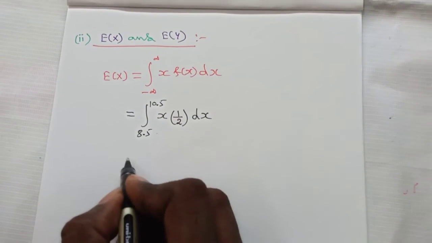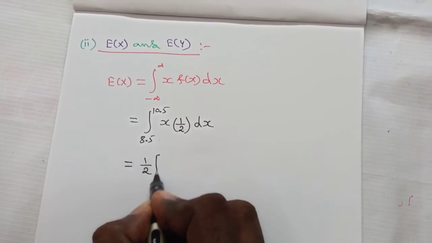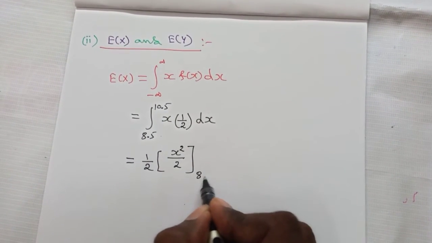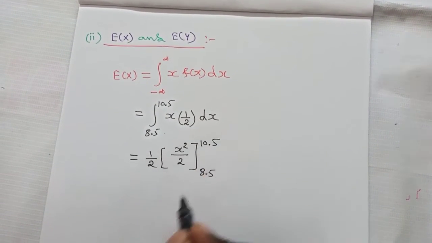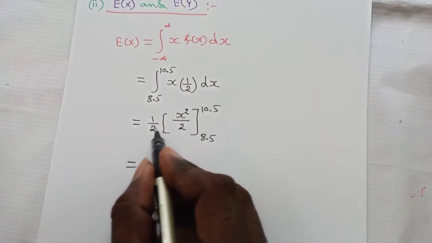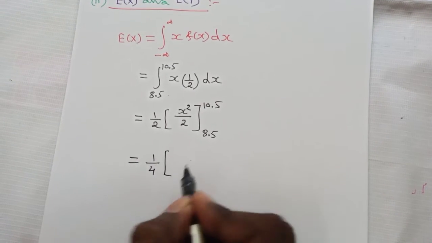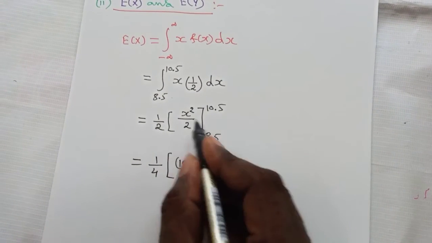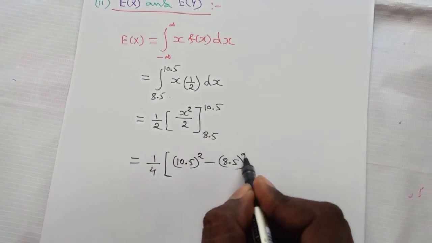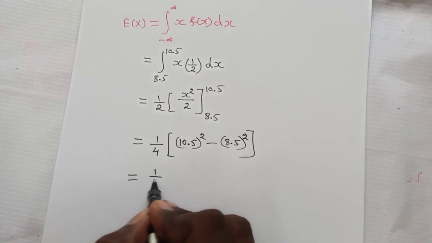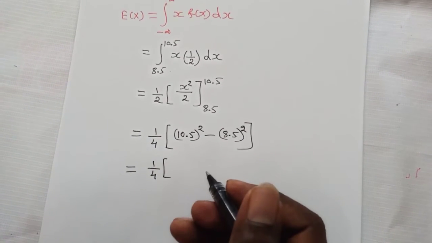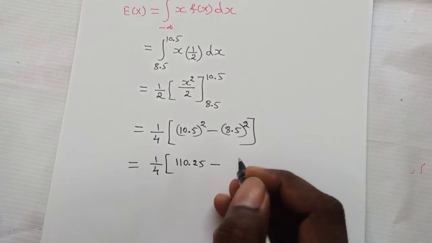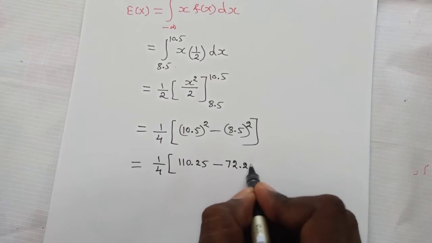Now the constant 1 by 2 can be taken outside. Integration of x is x square by 2 and the limit for x is 8.5 to 10.5. After this, the 2 also can be taken outside, so 2 into 2 is 4. Substituting the upper limit, 10.5 the whole square minus the lower limit 8.5 the whole square. 10.5 the whole square is 110.25 minus 8.5 the whole square is 72.25.